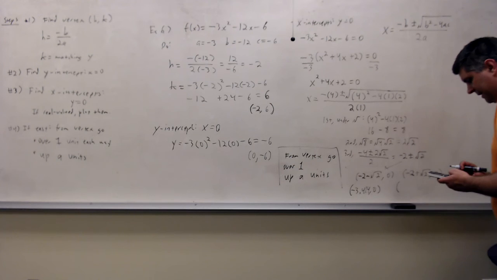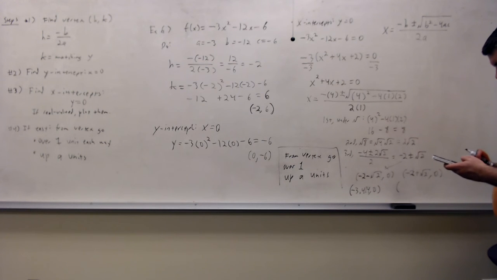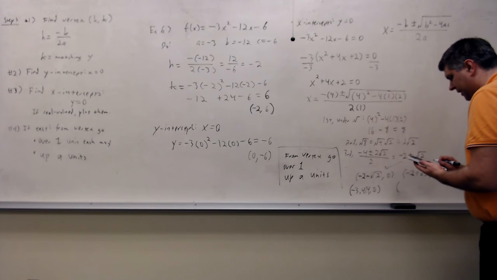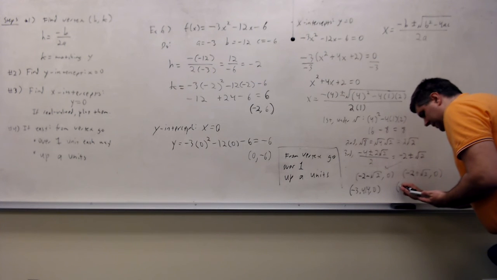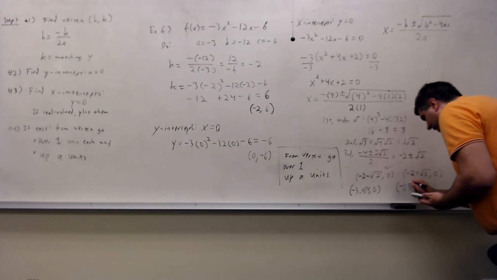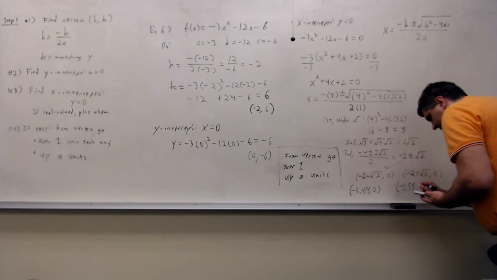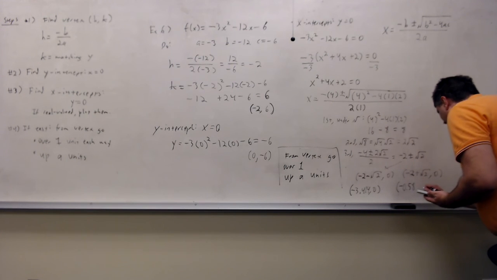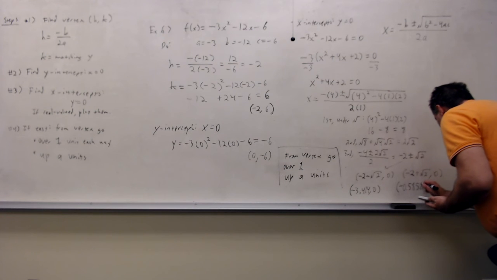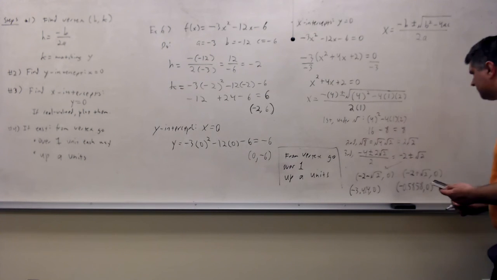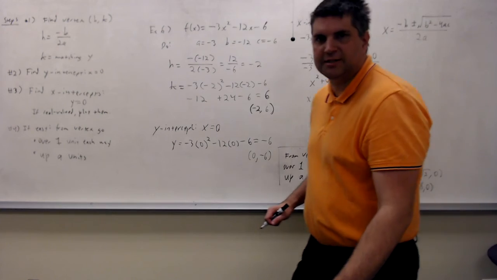And then this is going to be negative 2 plus the square root of 2. And that's approximately negative 0.5858, 0. Okay, and I'm going to pause here and set up the grid.